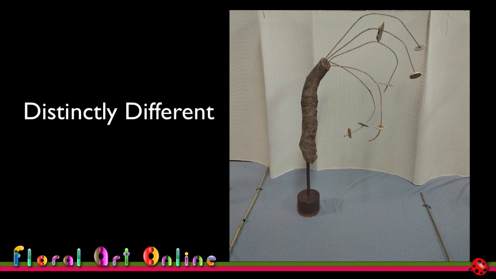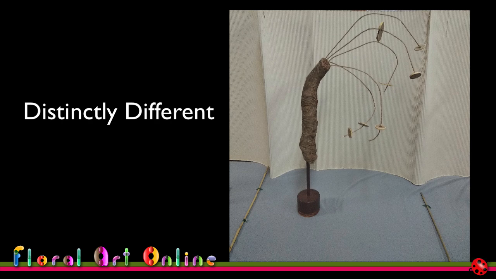And mounted on that is a piece of timber that is weathered wood, classified as weathered wood rather than driftwood, because I didn't actually find it on the beach, so it's not driftwood. It's a fallen piece of timber. It's got a wonderful pattern across the outside of it.